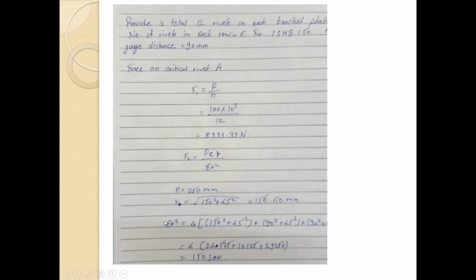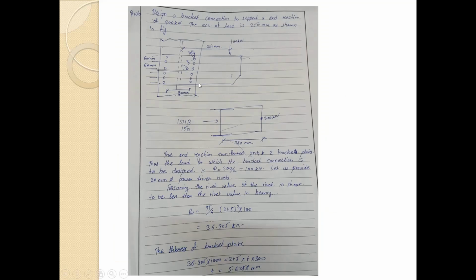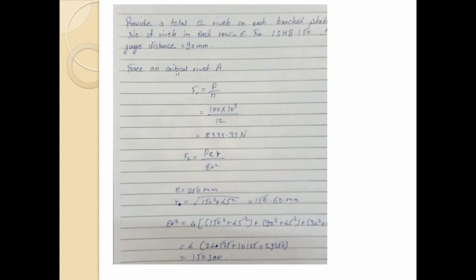So the summation of r square, same way we are calculating all the values. 4 rivets are at this distance, that is 150 and 45 square, 1 2 3 4. 4 rivets are at 60 plus 30, that is 90 mm, and 45 mm square, that is over here 90 square plus 45 square, and the others are at 30 and 45.